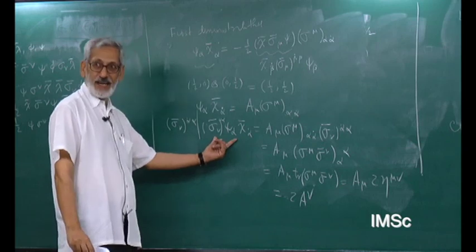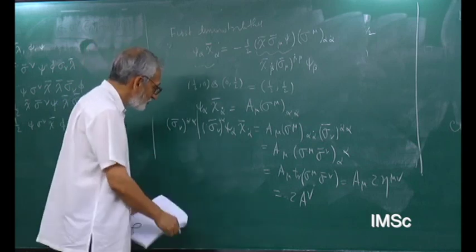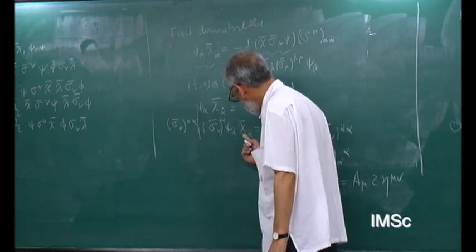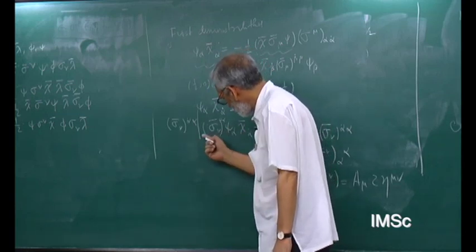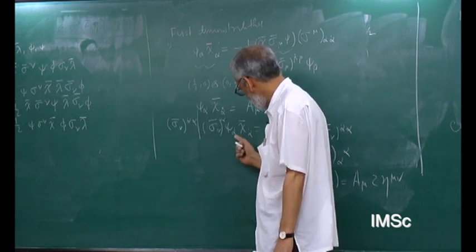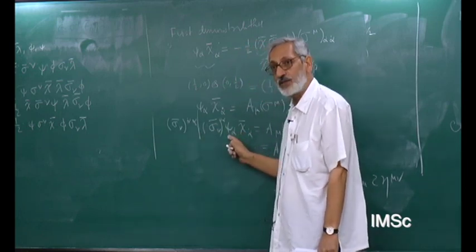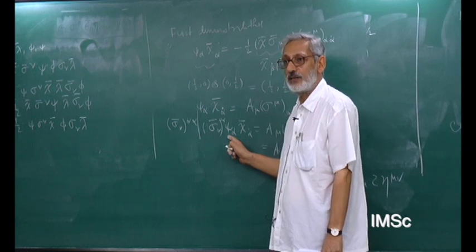Now look at this object. I take chi bar across to this side. But since I take it across, I have to change sign.